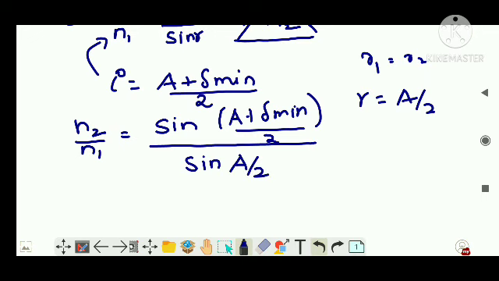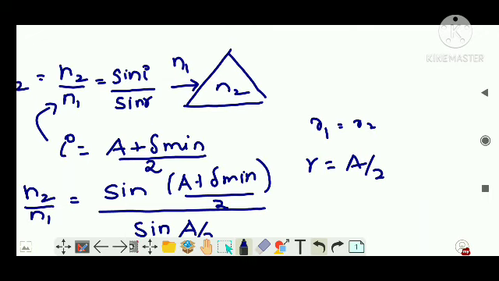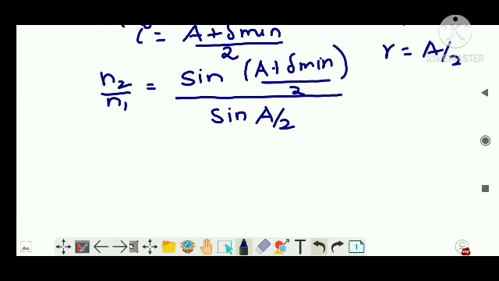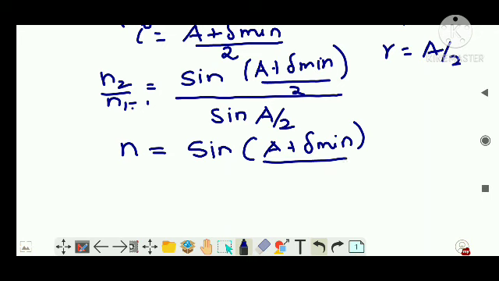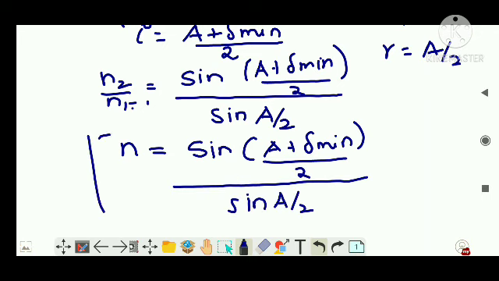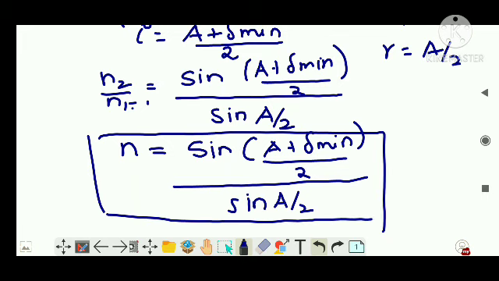Suppose the medium from where the light is coming is air, so N1 becomes 1. So N2, the refractive index of the prism, is equal to sin of (A plus minimum deviation) whole divided by 2, then divided by sin A by 2. This is the relationship between minimum deviation occurring in a prism and the refractive index.